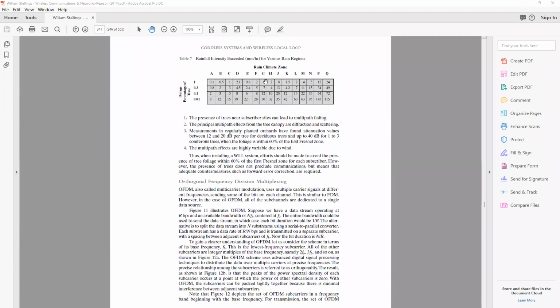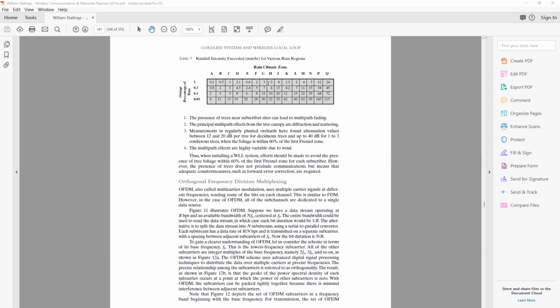You can see that this table has a set of regions: A, B, C, D, E, F, G and so on. Based on the question, we'll be conducting the analysis for region H, so we focus on this particular column, and then we have to determine the outage percentage of time. Based on this, we can determine what parameter to use for our rain rate.